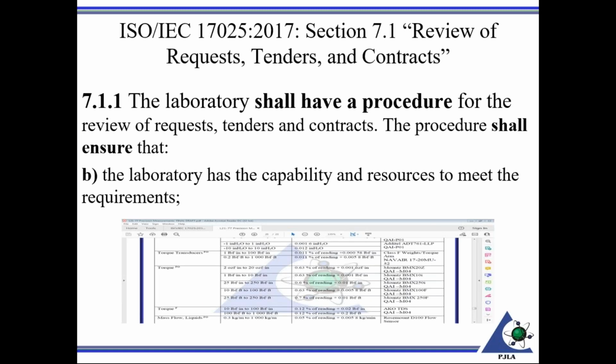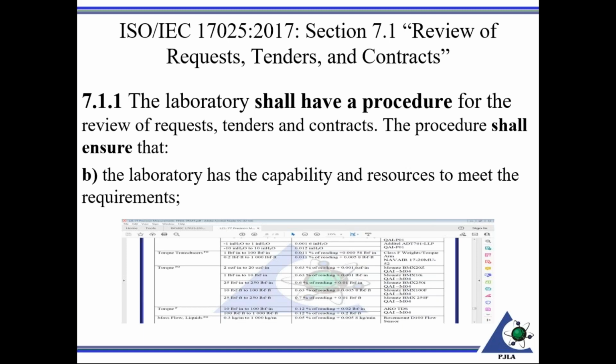The procedure shall ensure, moving right along here, that the laboratory has the capabilities and resources to meet the customer's requirements. Of course, you have to ensure you have the tools to do the job. If this is something being done under your scope of accreditation, perhaps you would need to assure that you have the range covered for the specified work.